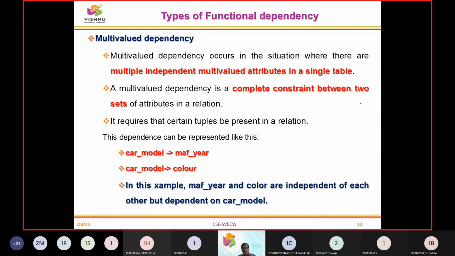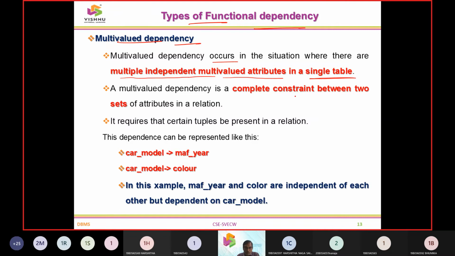Next comes the other type of functional dependency, which we are calling multi-valued dependency. Multi-valued dependency is going to occur in a situation where there are multiple independent multi-valued attributes in a single table.